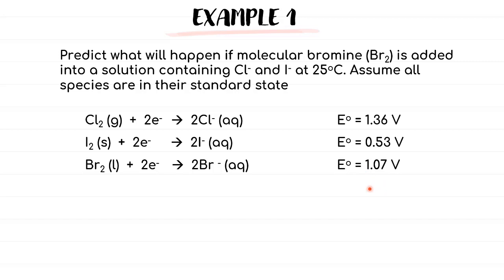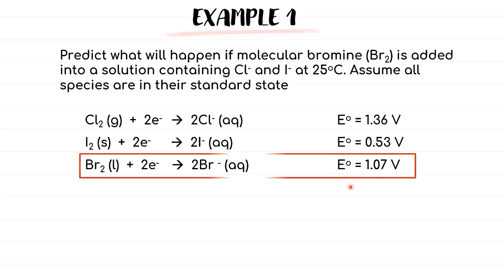Oxidation-reduction reactions have already taken place before Br2 is added. We know oxidation will favor species with a more negative value, which in this case is I2, which acts as a better reducing agent, while reduction will favor a more positive SRP value, which in this case is Cl2, which acts as a better oxidizing agent.